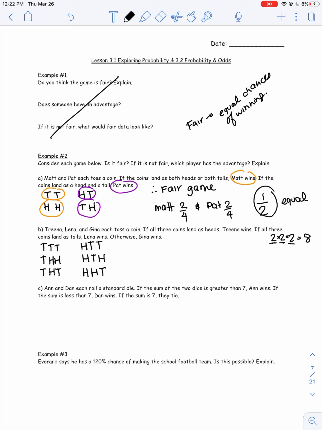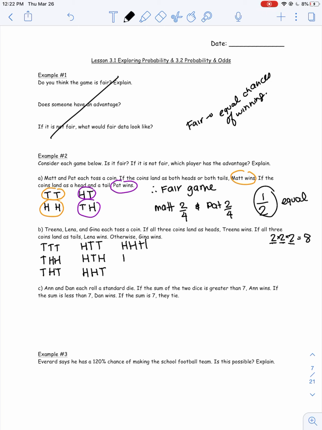Well, I could have heads, heads, tails, so there's 6. I could have them all be heads, heads, heads. Then we have to figure out the last outcomes. What if I have 2 heads, so I have that outcome.